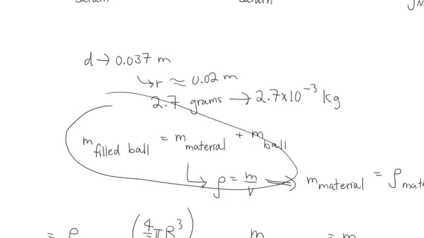So let's change it now to the mass of the ball plus the mass of the material, which is just equal to the density of the material times 4 thirds times pi times 0.02 cubed. And actually these should be brackets. But yeah.